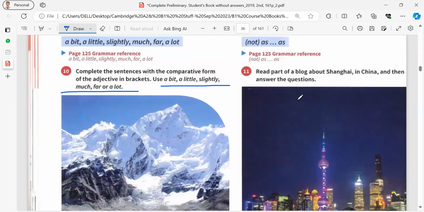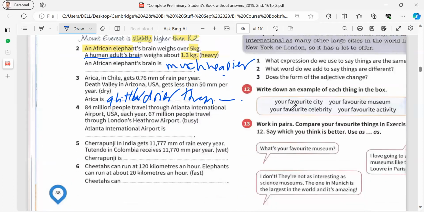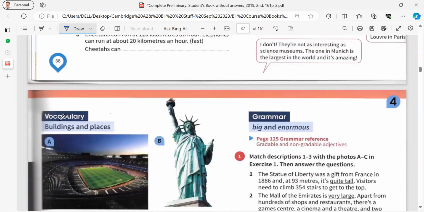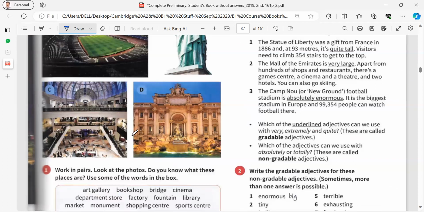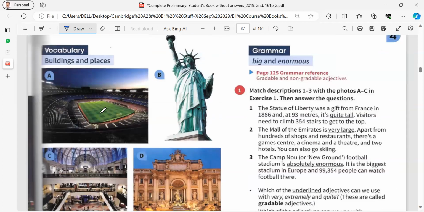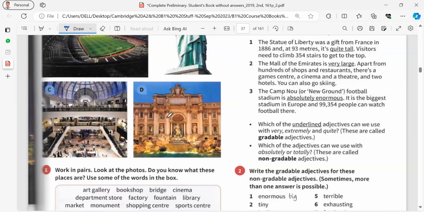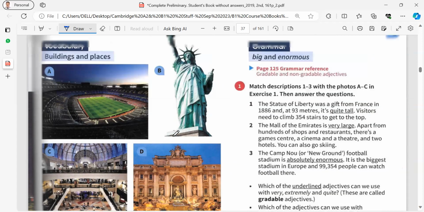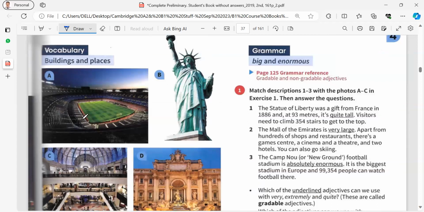Now, I think this is clear for you. So let's move to the next vocab. Focus on buildings and places. What can you see, Nawaf? Here, different buildings and places. These places are famous around the world. Here a stadium.